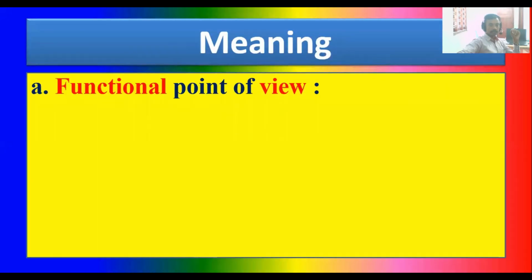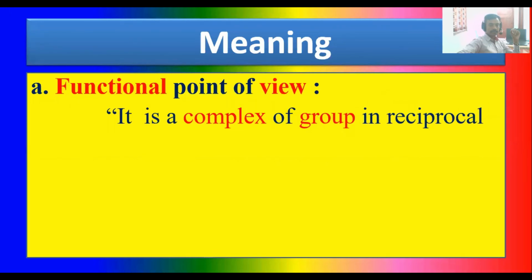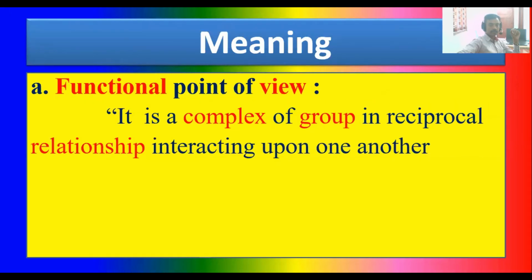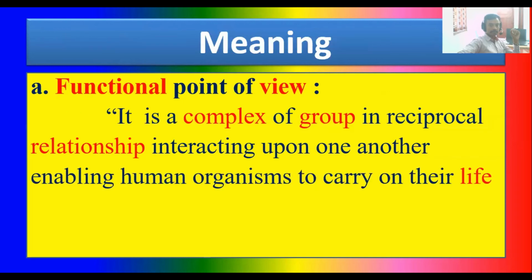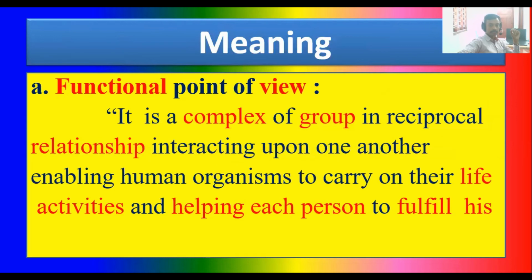Functional view: complex of groups, relationships, interacting with one another, enabling the human organism to carry out their life activities, helping each person fulfill their wishes. So through this functional view, every individual depends on and interacts with each other. That is society.